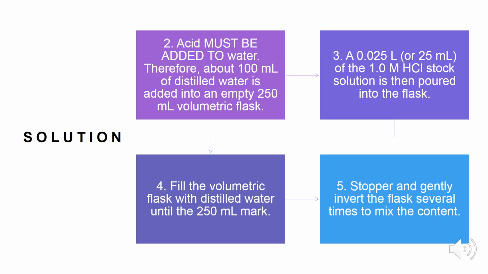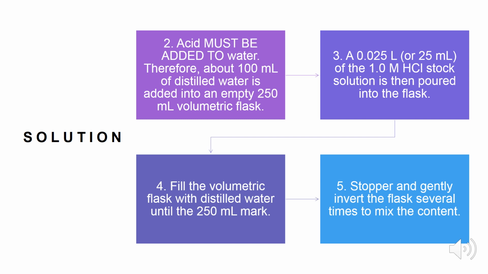Before we transfer the acid, fill the volumetric flask with around 100 ml of distilled water. This is a safety procedure, as adding water into concentrated acid can vaporize drops of water and cause dangerous spattering. Always add acid into water.